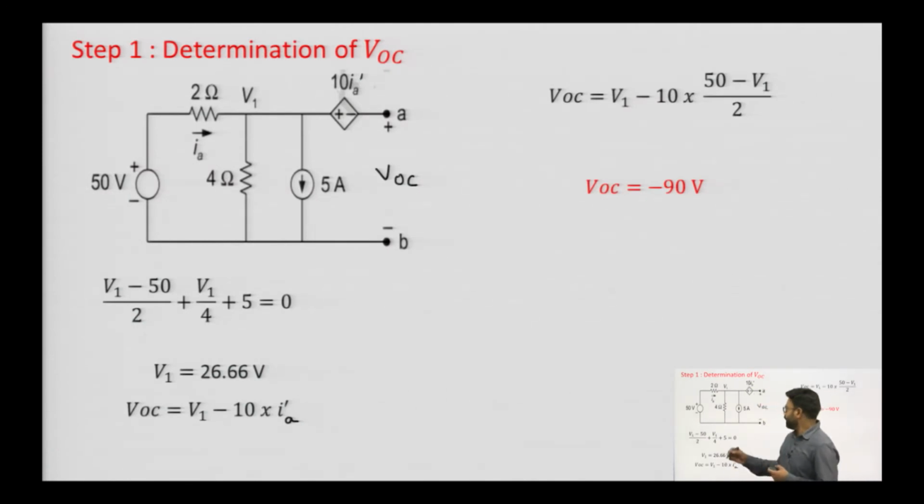To find VOC, or you can say VTH, we have open circuited the terminal AB.